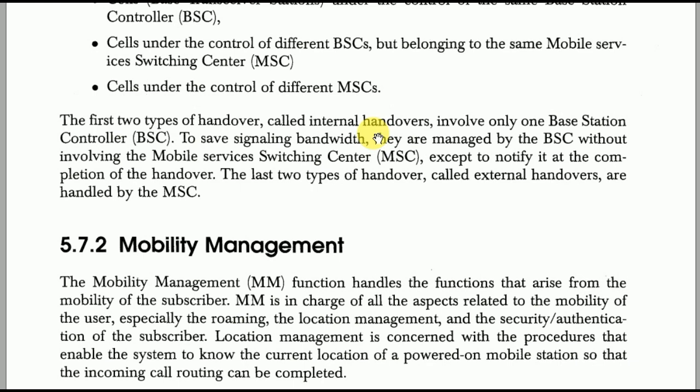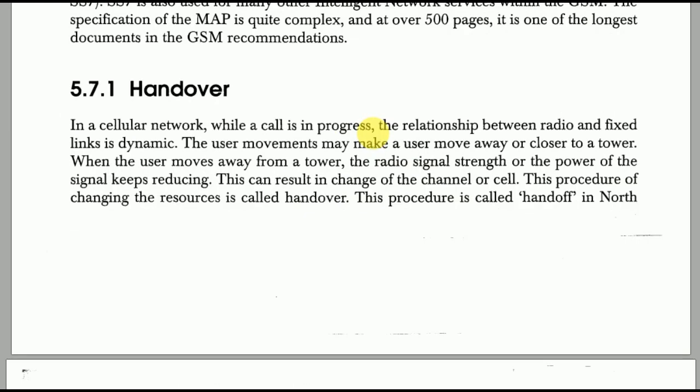So next one is handover. In a cellular network, during a call, the user may move away from one tower, causing the signal strength to reduce and break. Therefore, the user needs to be moved to another cell where the signal strength is higher.